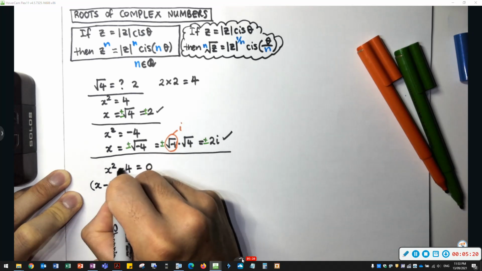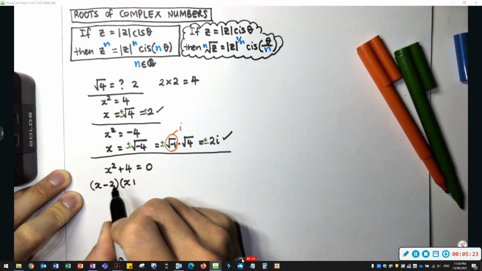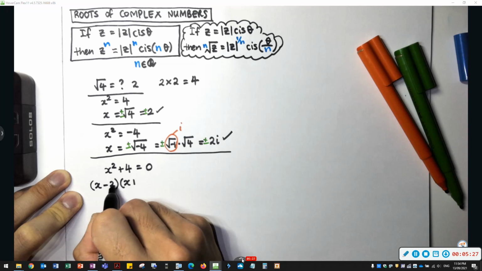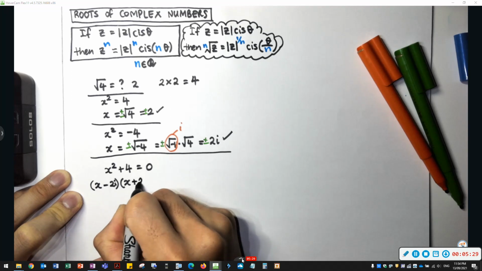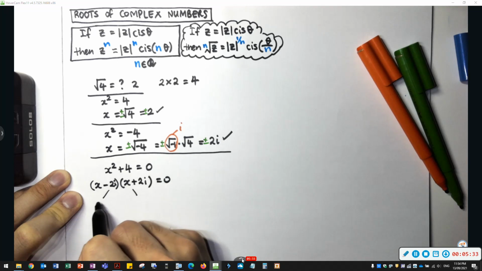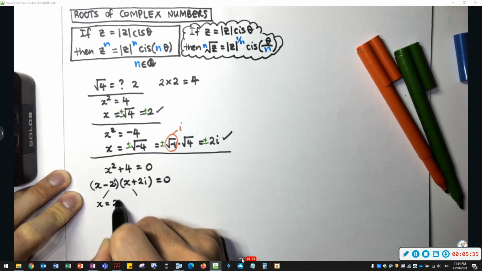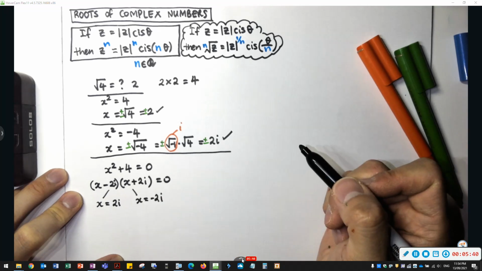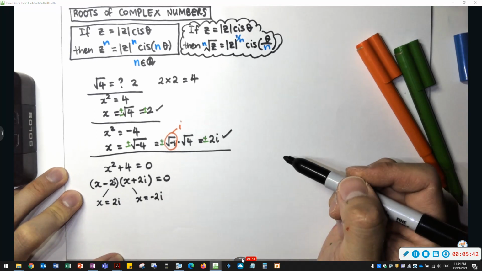So we're going to use factorization, and when you think about it, we have to write it as x minus 2i, x plus 2i equals 0. And then we get our two solutions. Okay, so that's just a double check to show that the plus and minus is necessary.